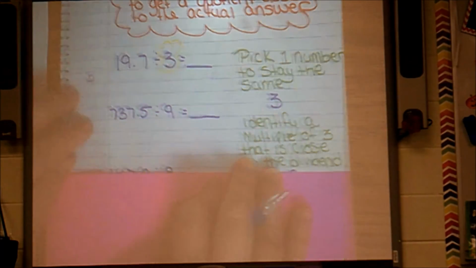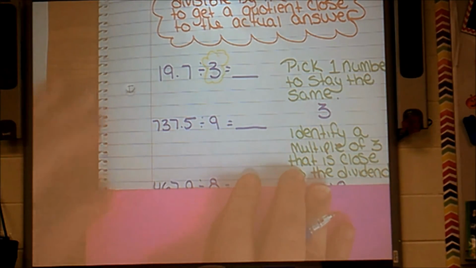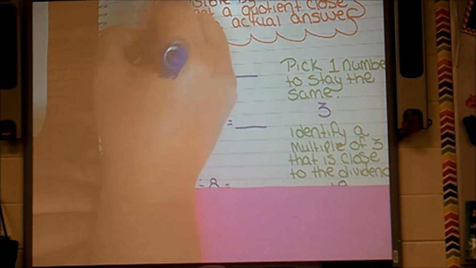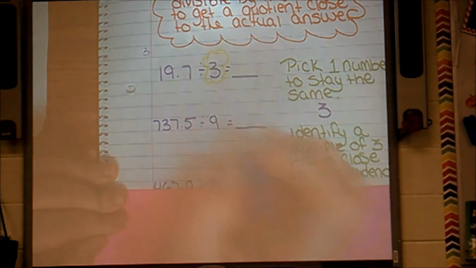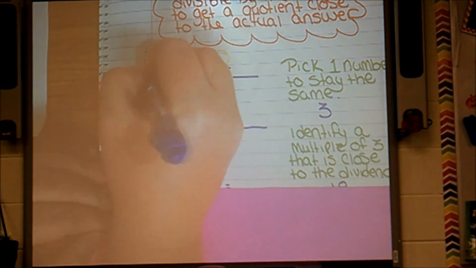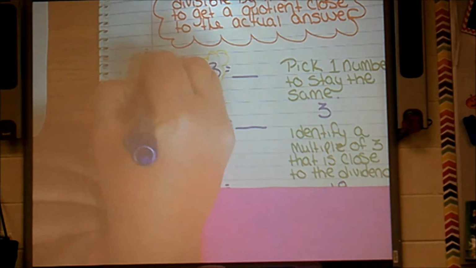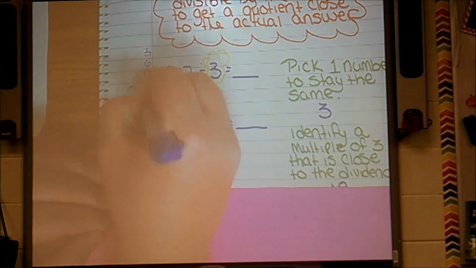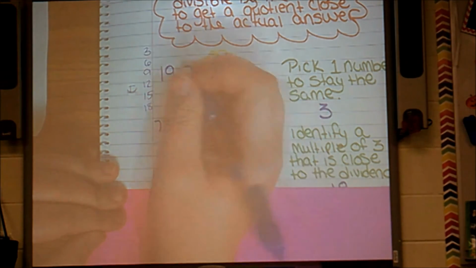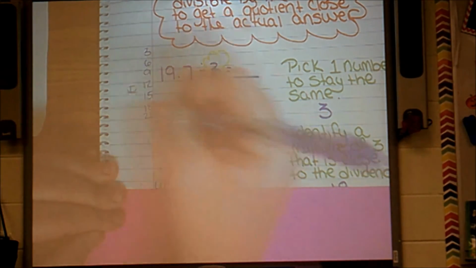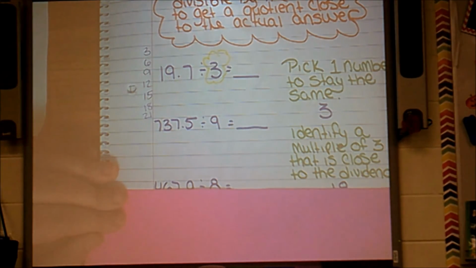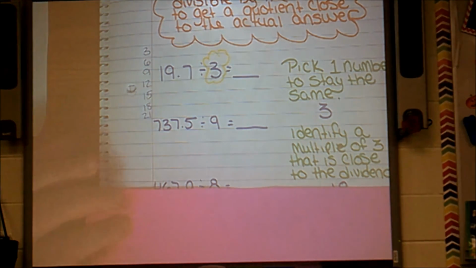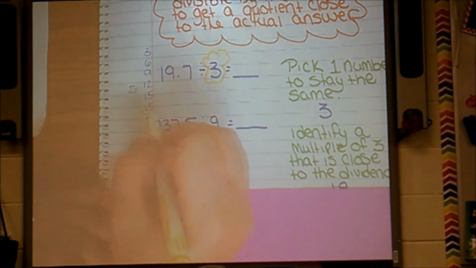Out to the side here, I'm just going to count by my 3s. 3, 6, 9, 12, 15, 18, 21. Oh! Those are both close, aren't they? My 18 and my 21.